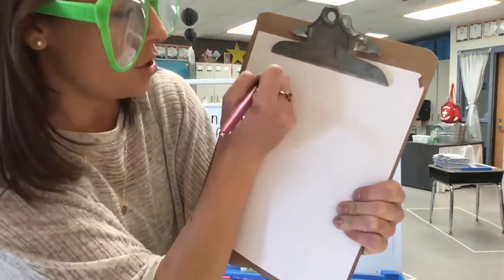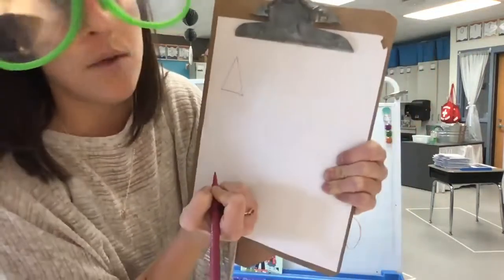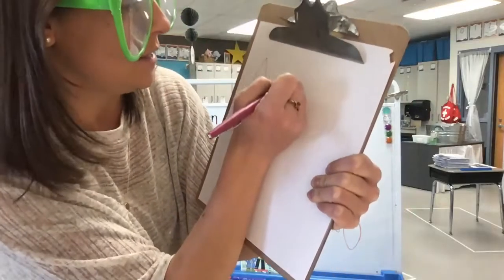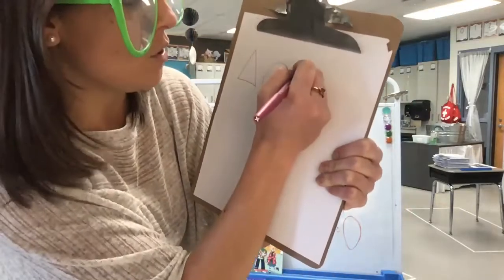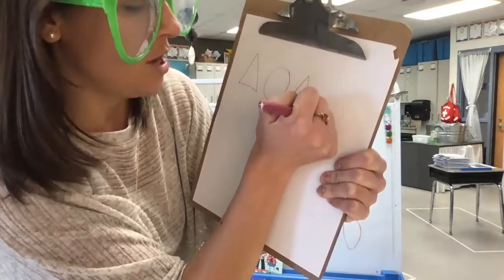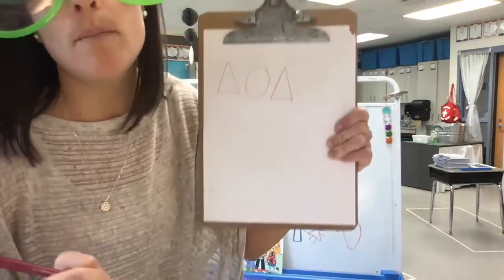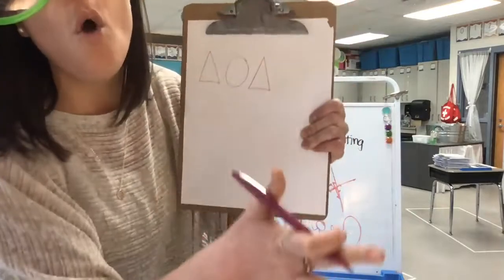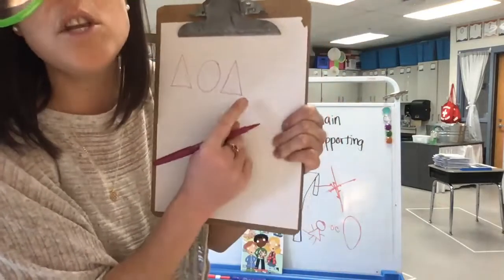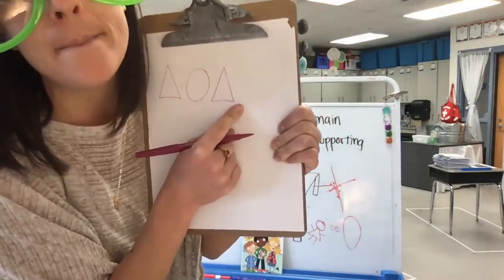So let's draw our triangle first. Then we have a shape with 0 sides, a circle. And then we have another triangle, our shape with 3 sides. So tomorrow when we add on to it, if our pattern repeats itself over and over again, what shape do you think we're going to add to it?